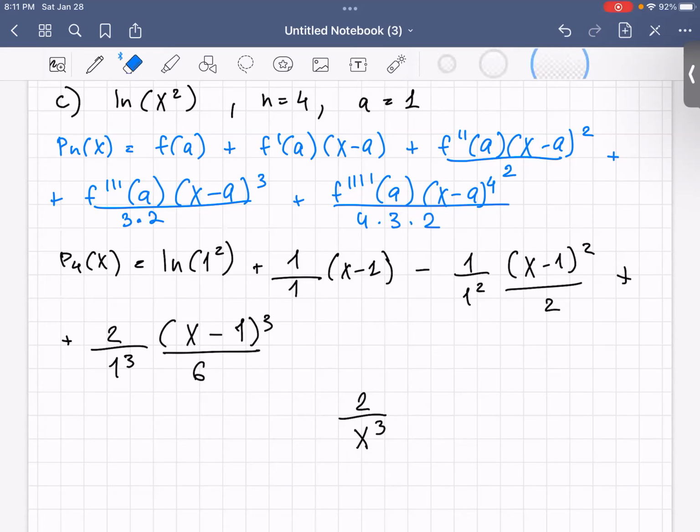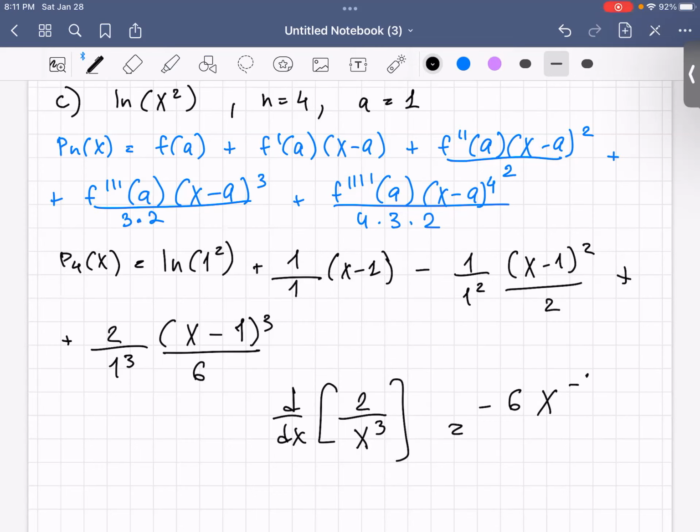Okay, and so the derivative of this is our final derivative. We need to find the derivative of this. So d/dx of this is negative 6x to the power of negative 4, right?